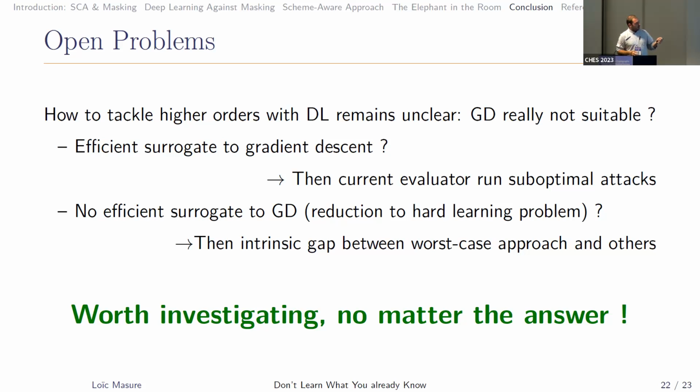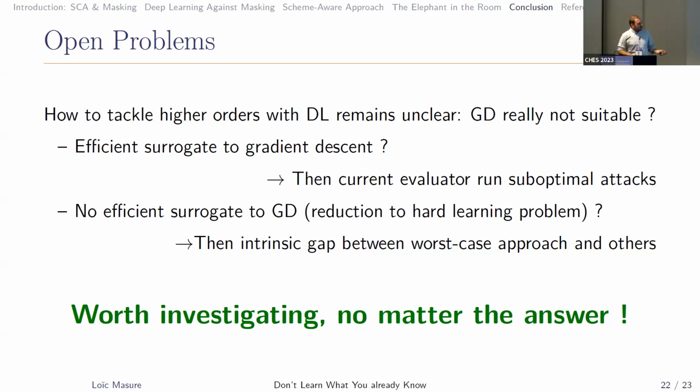And if so, we have another uncomfortable question: is there any efficient surrogate to gradient descent? If so, then that means that all our current evaluators and all the current state of the art would be completely outdated and outperformed in the next few years.